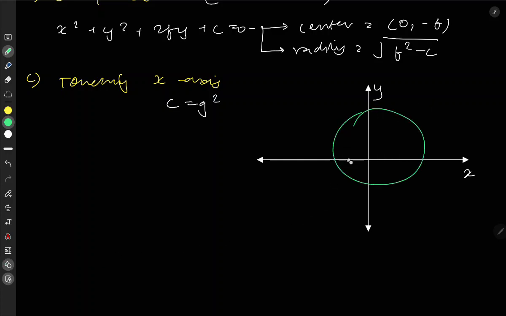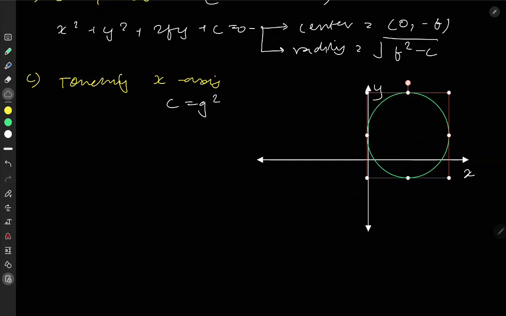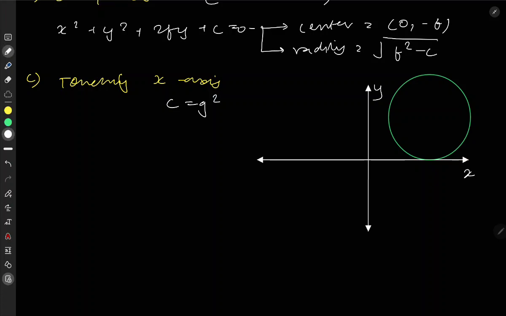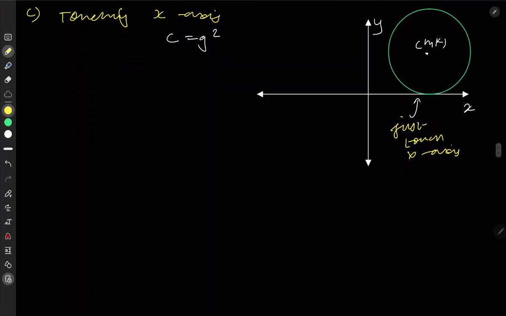I'll draw a random circle first, then I'll rearrange it. Yes, so now I shall rearrange it. This is a circle that just touches the x-axis. Let the center be h comma k, and I'll write here just touch x-axis. At such time the condition would be c equal to g square.